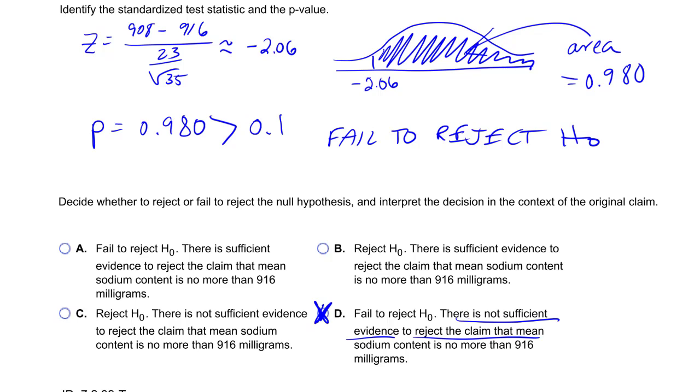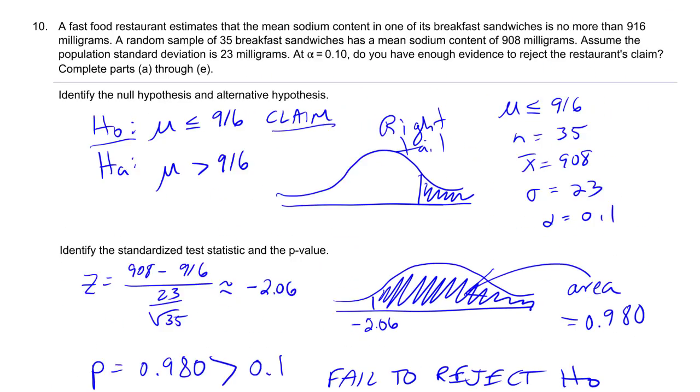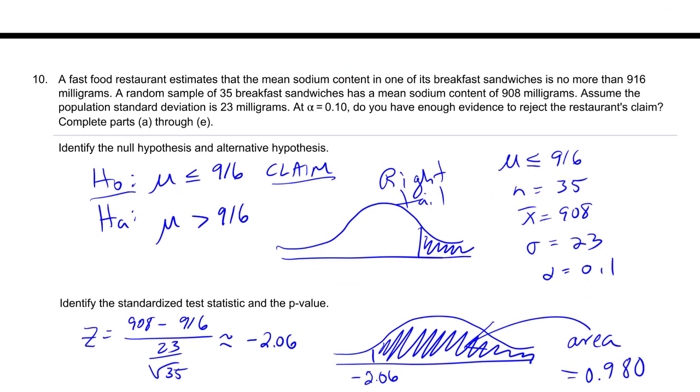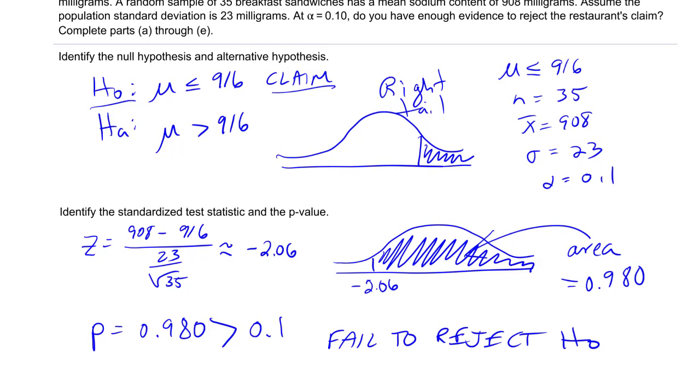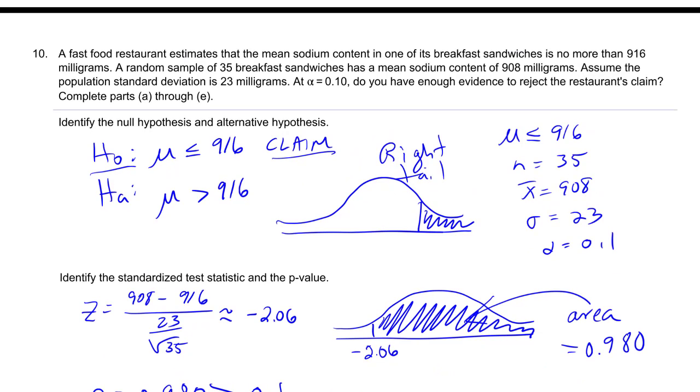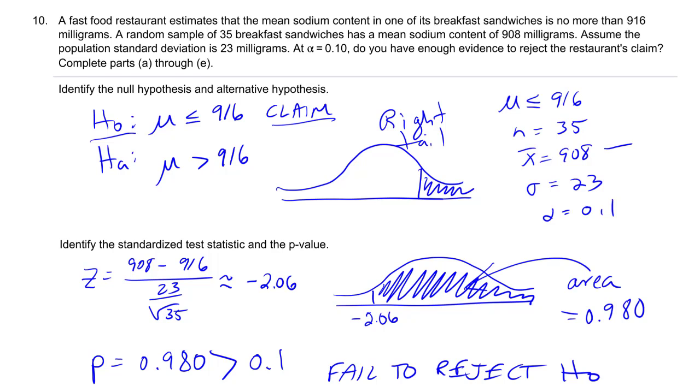Okay, so that was a bit of a weird one because we did a right tail with a negative z-score. Well, think about it. The claim was that mu was less than or equal to 916, and we found in the sample that x bar was 908.